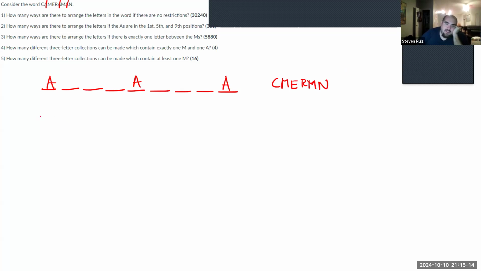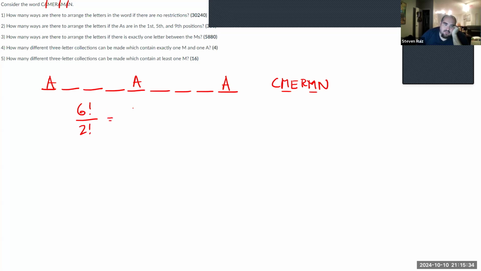So it might seem like the number of options I have is 6 factorial. But like the last example, I can arrange those 6 letters however I want, but I have to account for the fact that these M's could be swapped for each other and yield the same exact thing.